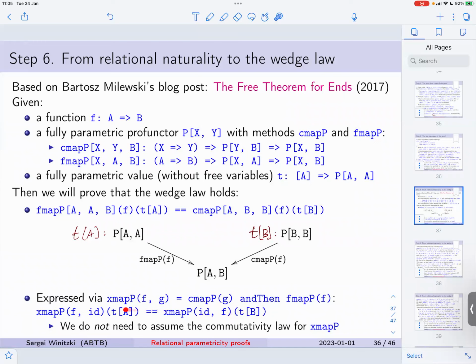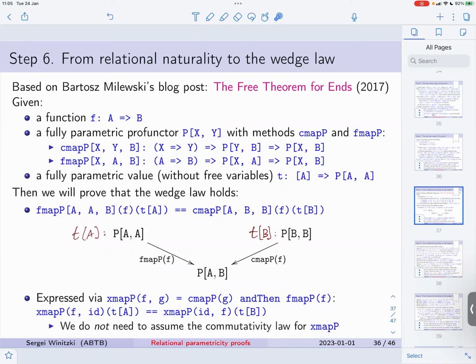So now we have some hope that we can use the relational law to prove this. Now, earlier I mentioned that there is a commutativity law for this function cross-map. And the law is that first you could lift contravariant and then covariant, or you could do it in the opposite order, and the results should be the same.